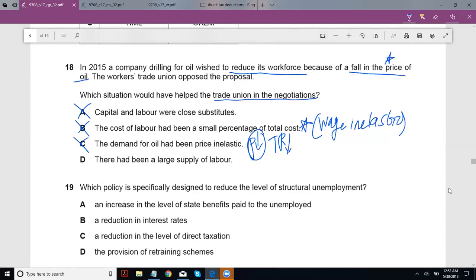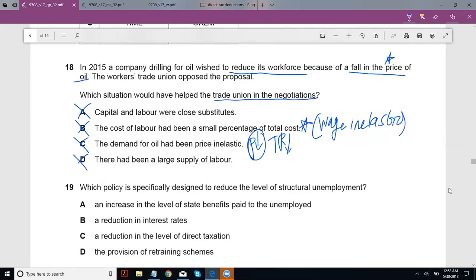There had been a large supply of labor. I don't see how a large supply of labor would help the trade union. I don't think you need to link it to wage elasticity of supply, but there's no link, right?